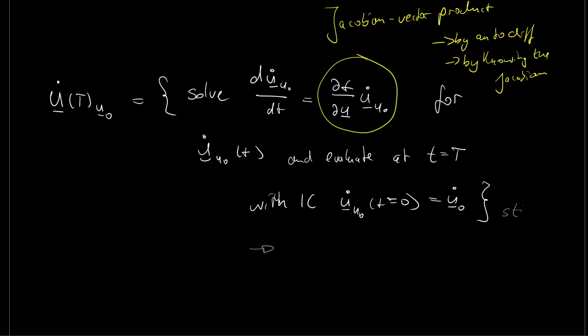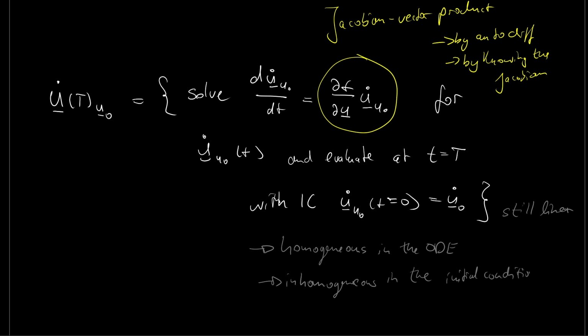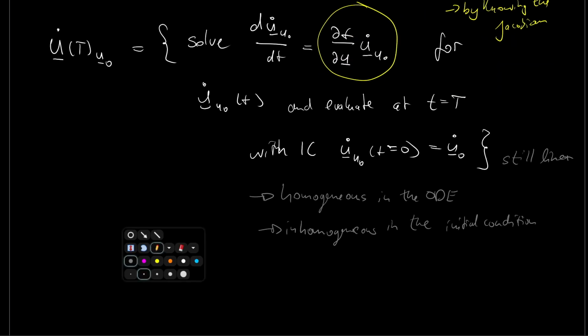So let me write this down. This is still linear. It's again a tangent linear propagation, so it will be linear. But in contrast to what we had before, it is now homogeneous in the ODE, but it is inhomogeneous in the initial condition. That's quite cool. Okay, that's the contribution from point 2.